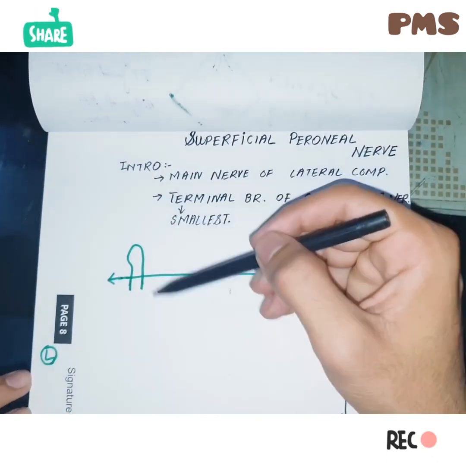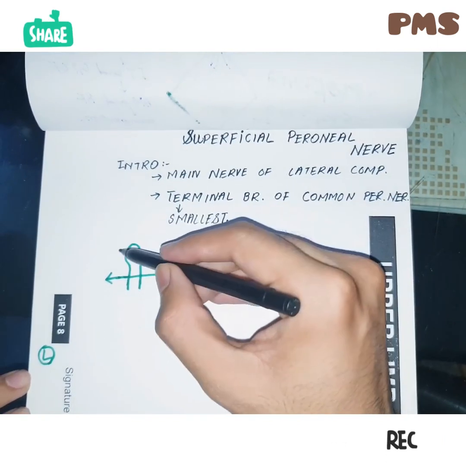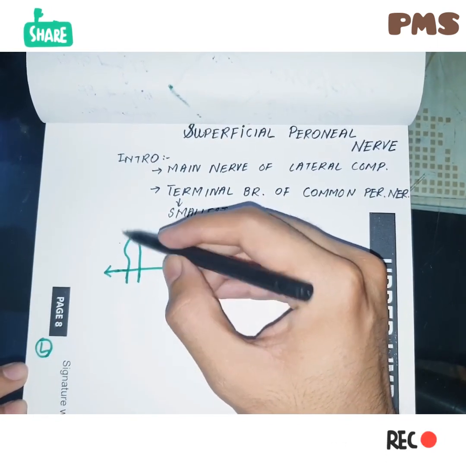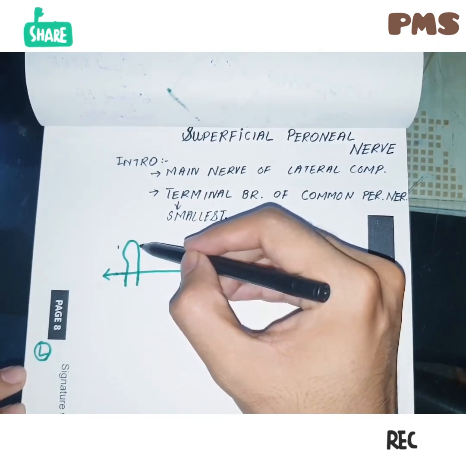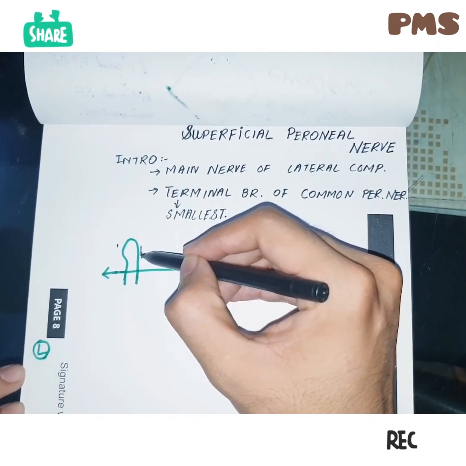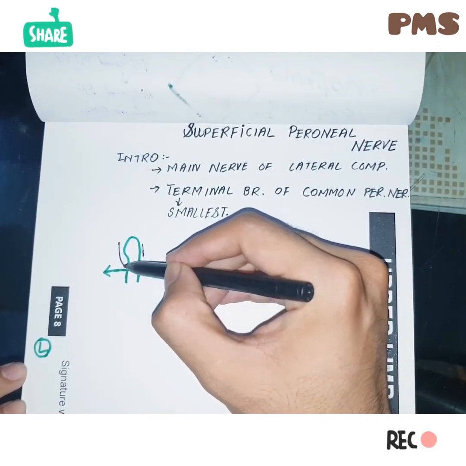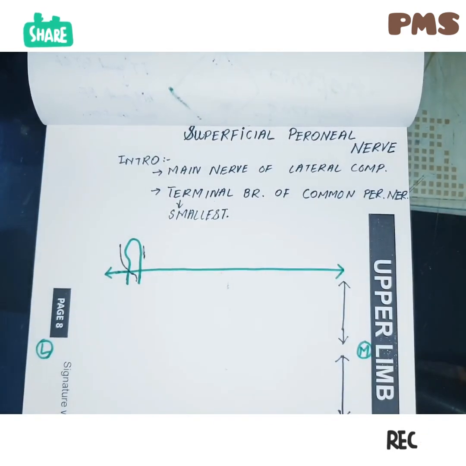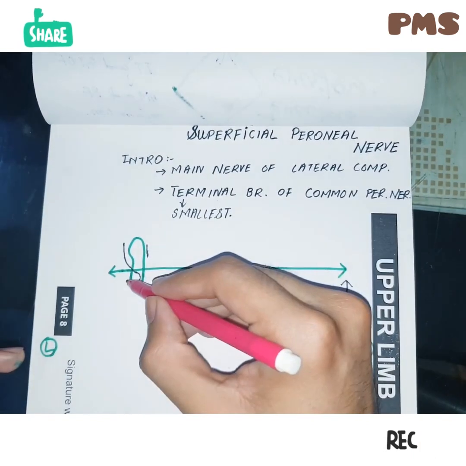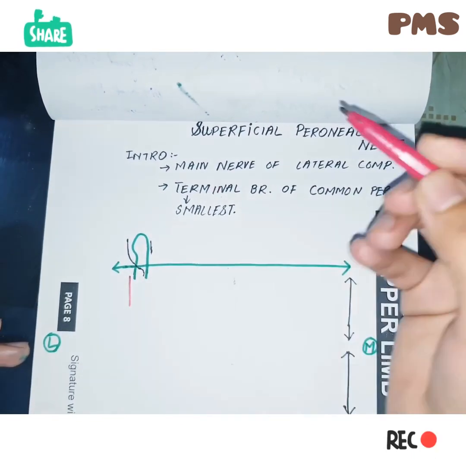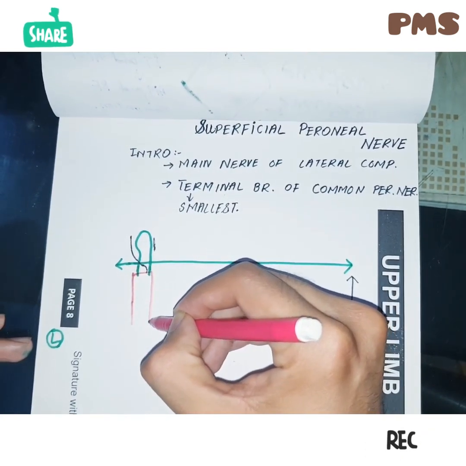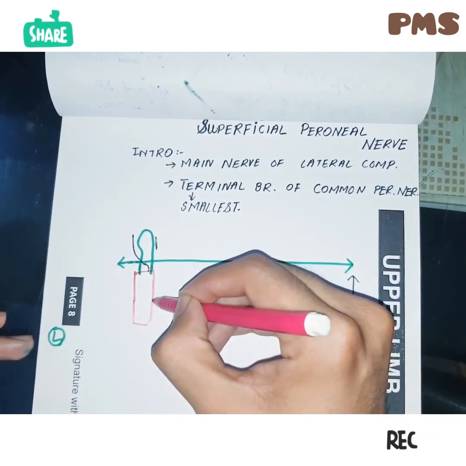The common peroneal nerve winds around the neck of the fibula from the lateral side, and here lies the peroneus longus muscle.